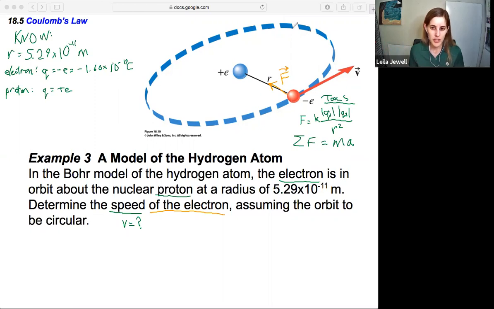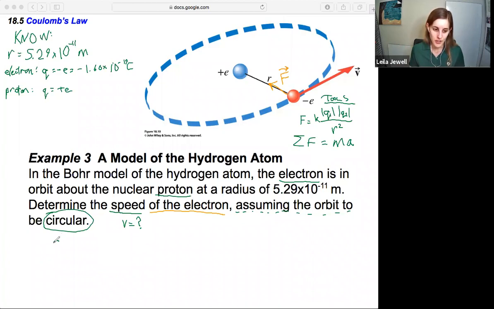Now, we aren't trying to solve ultimately for acceleration, but we can think some about acceleration. Does the electron experience any acceleration as it travels around the proton? Noting that the problem mentions we can assume the orbit to be circular. Thinking about circular motion, what do we know about the acceleration? This is another great throwback. If we are in circular motion, we have centripetal acceleration.